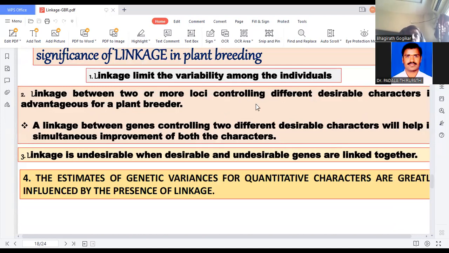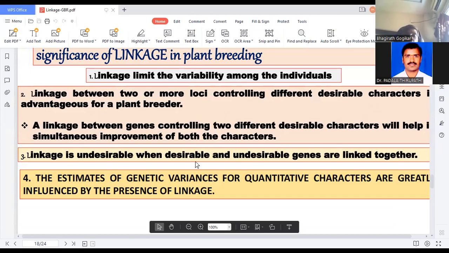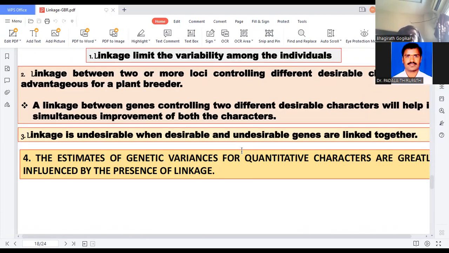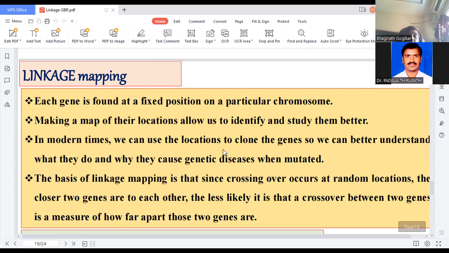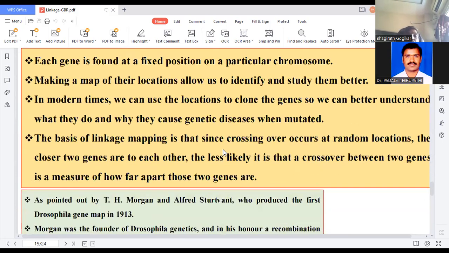Linkage between two or more loci controlling different desirable characters is an advantage for a plant breeder, as it helps simultaneous improvement of both characters. Linkage is undesirable when desirable and undesirable genes are linked together. The estimates of genetic variance for quantitative characters are greatly influenced by the presence of linkage.